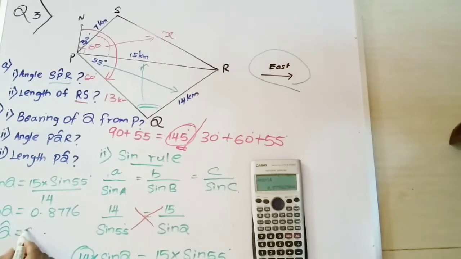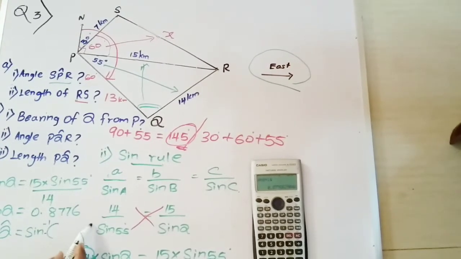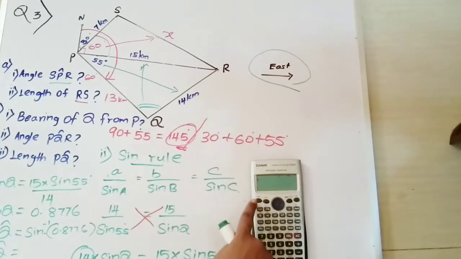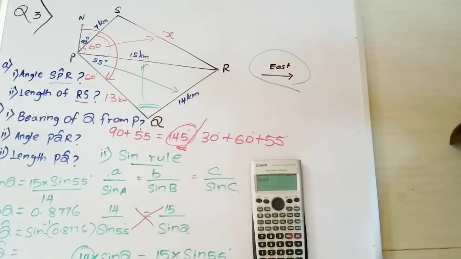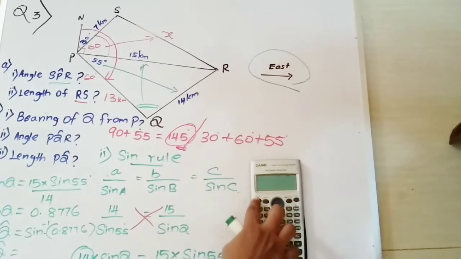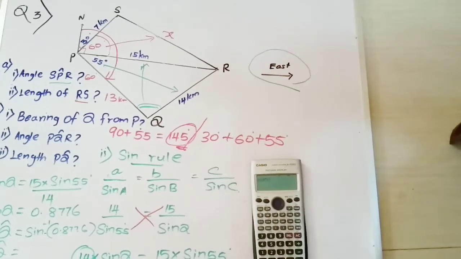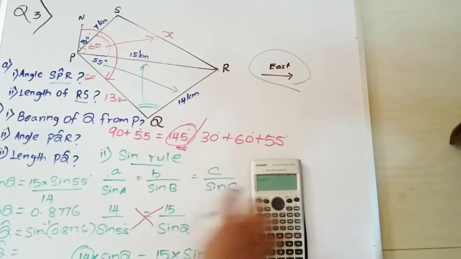So Q equals sine inverse of 0.87766. To get sine inverse, press the shift button, then sine. Then you will get sine inverse here.